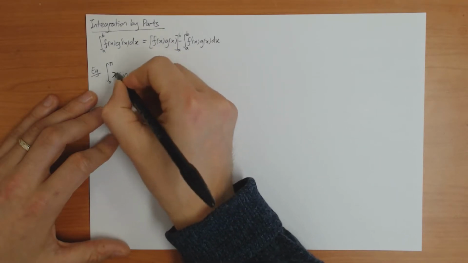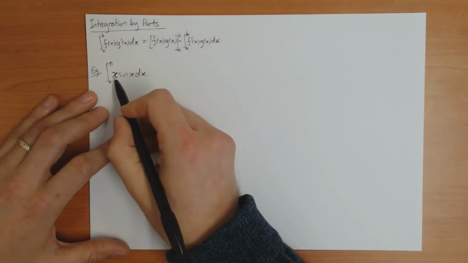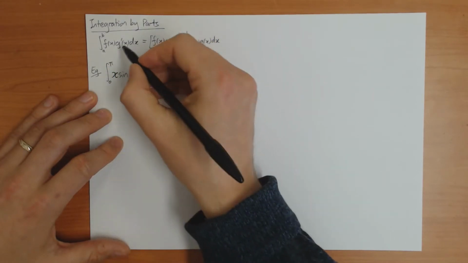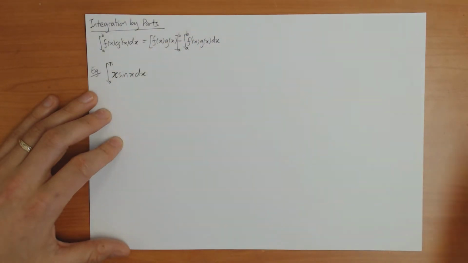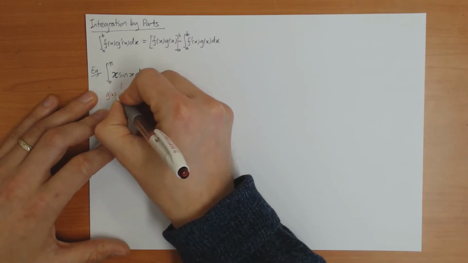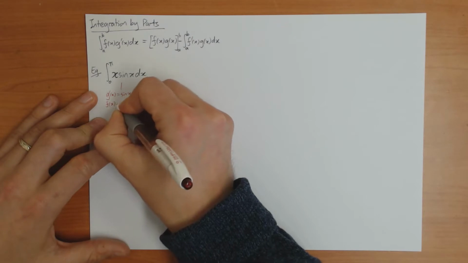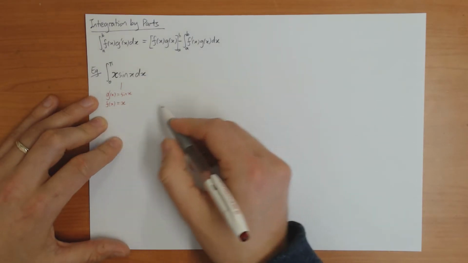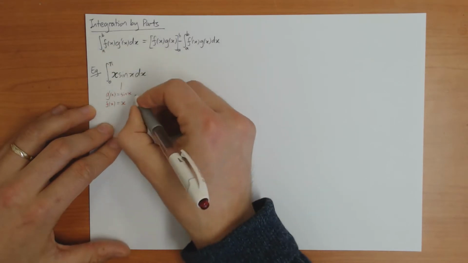You can always do this by integration by parts a number of times. So in this case, I'm going to say g prime of x is equal to sine x and f of x is equal to x. So therefore you need to integrate g prime and differentiate f.